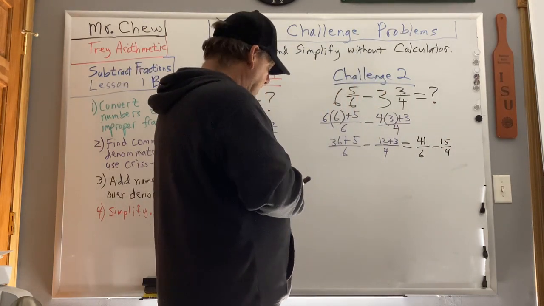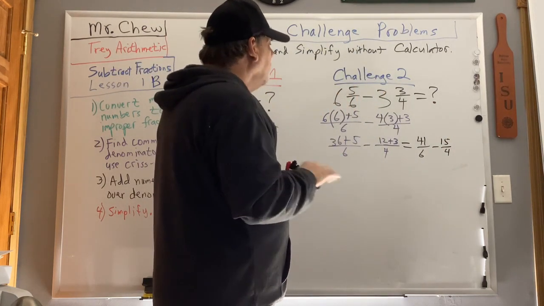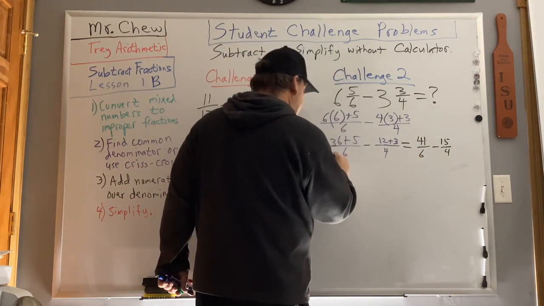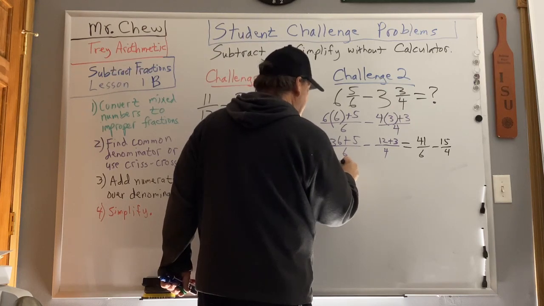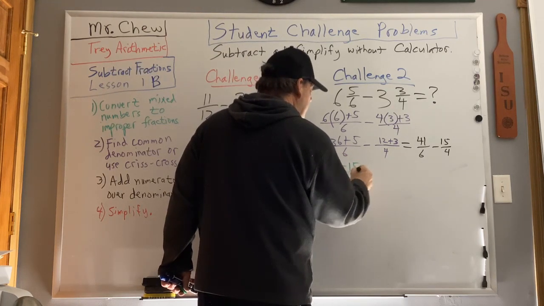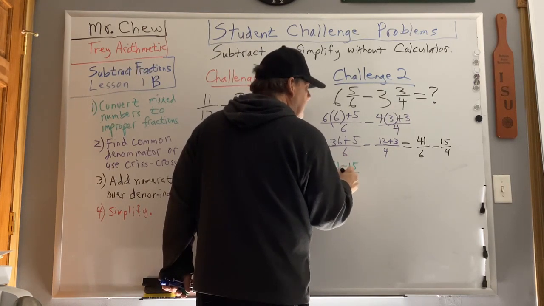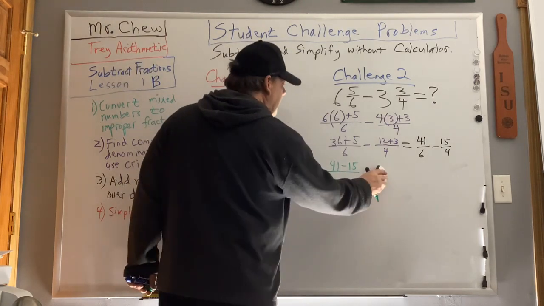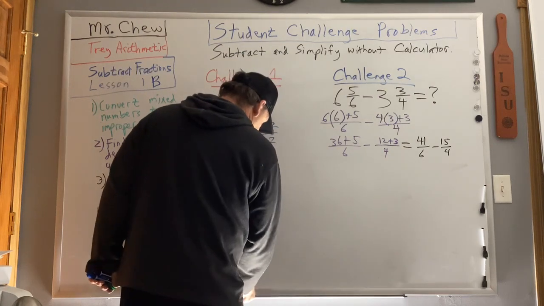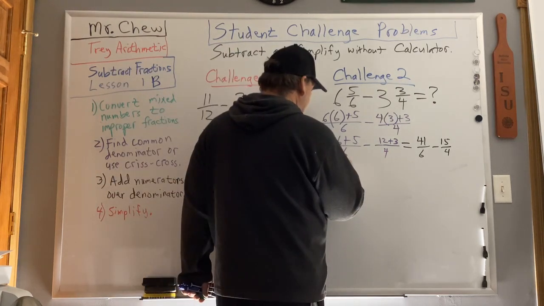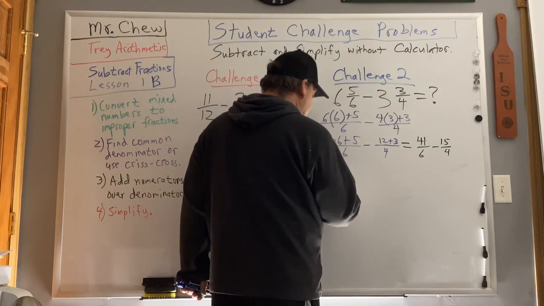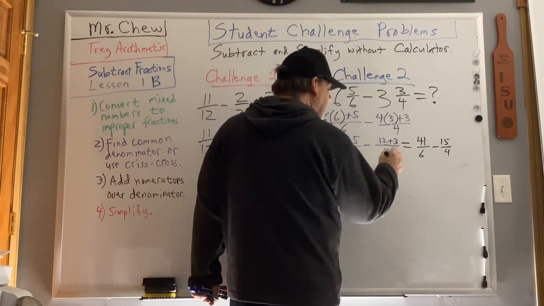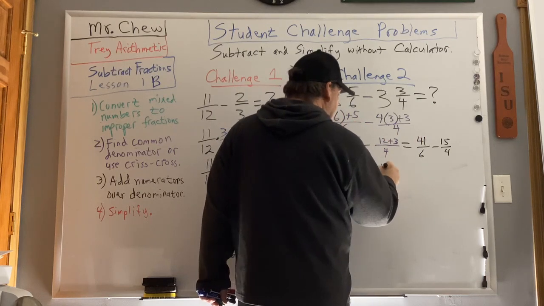All right. So now we're going to write this number down here and then find my common denominator. Got to write them each individually. So I have 41 over 6. I'm going to leave a little space here because I'm going to have to multiply to get my common denominator.